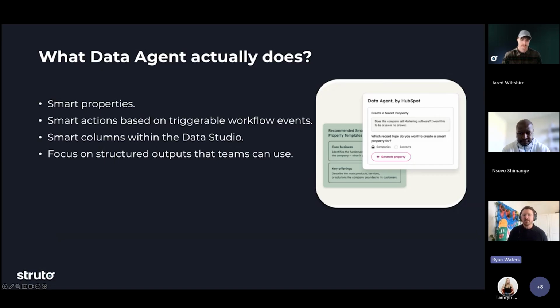And the third is smart columns in the data studio. And this is where your team can bring enriched or additional data, join it together, and build special columns in your views so that you can draw conclusions and have specific outputs. But in essence, it's another way of leveraging a smart property, but more in a spreadsheet kind of column layout, if that makes sense.